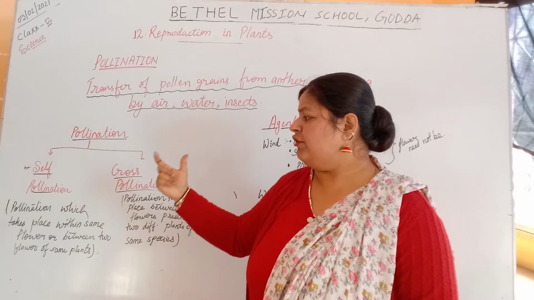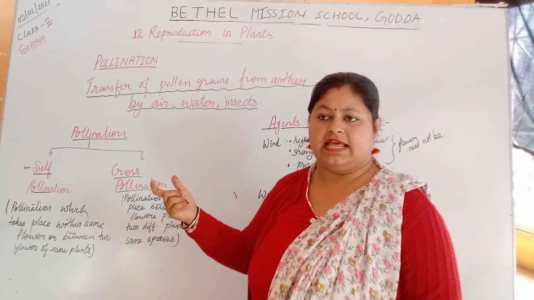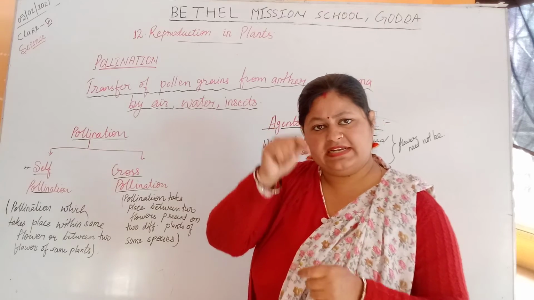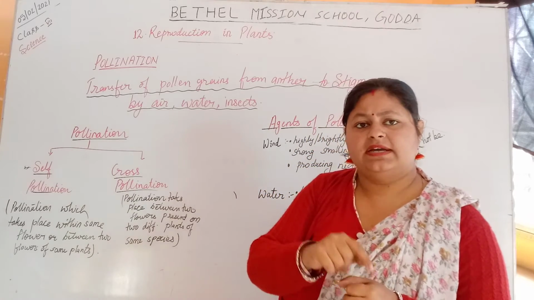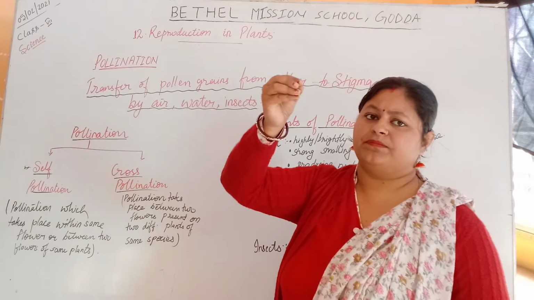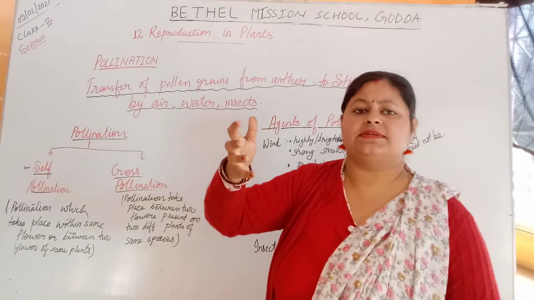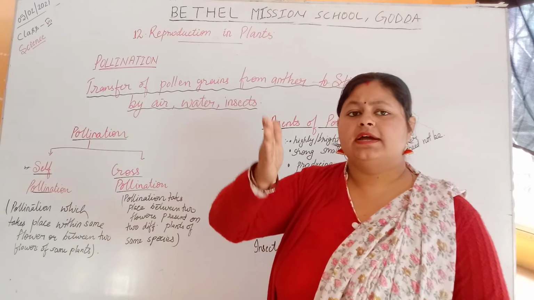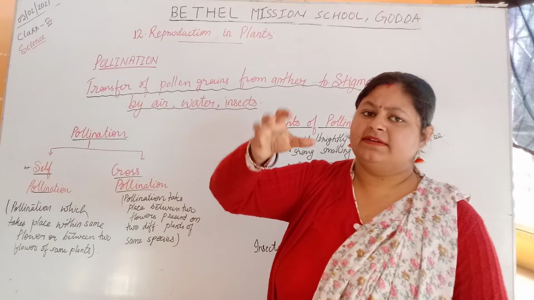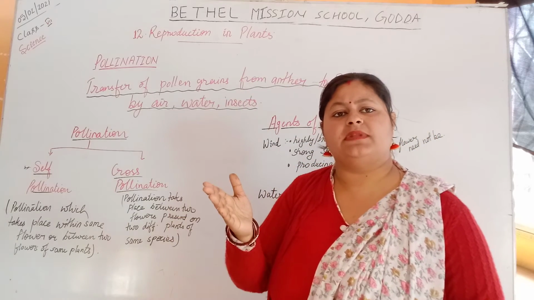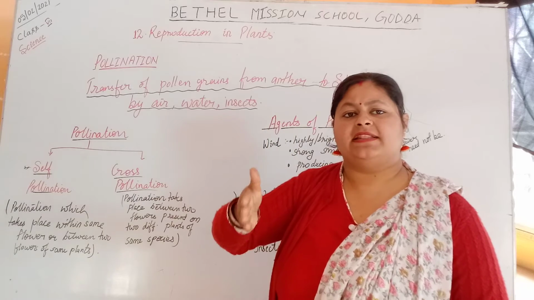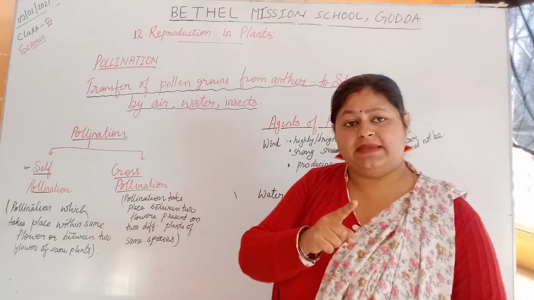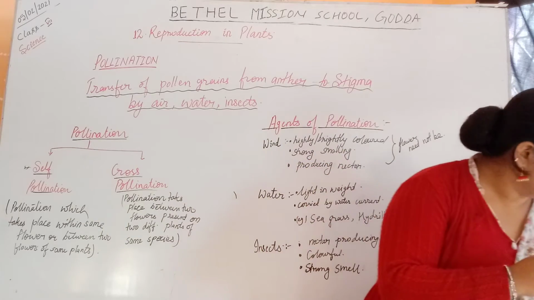Self-pollination, it is very obvious and clear from the word itself, self means same. In the individual thing only, in the same flower, the anther just gives out the pollen grain and it falls on the stigma of the same flower, or the pollen grain falls from the anther of one flower to the stigma of a different flower of the same plant.